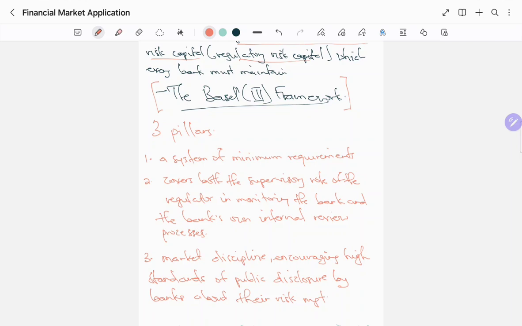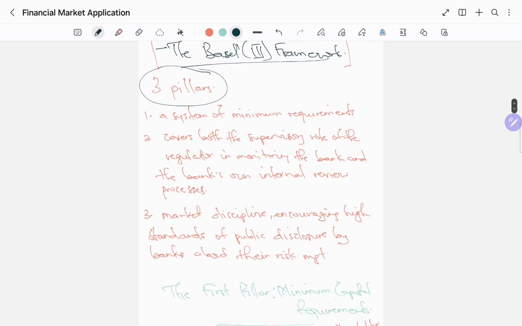Now, Basel III is premised on three pillars. The first pillar is for the framework to provide a system of minimum capital requirement. The second pillar covers both the supervisory role of the central bank in monitoring that the bank is indeed adhering to this framework, and also the bank's own internal review process.